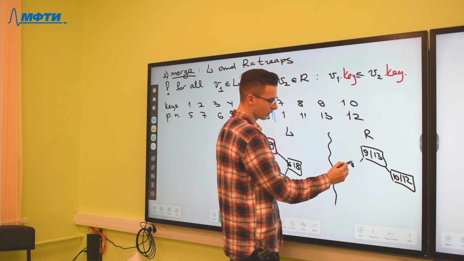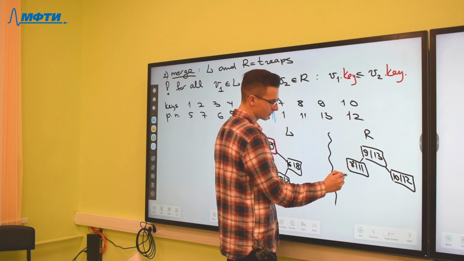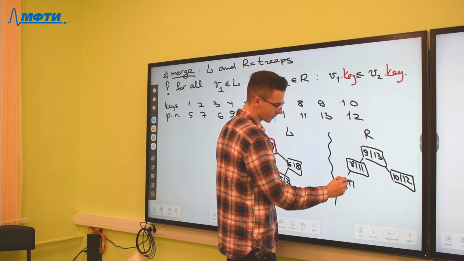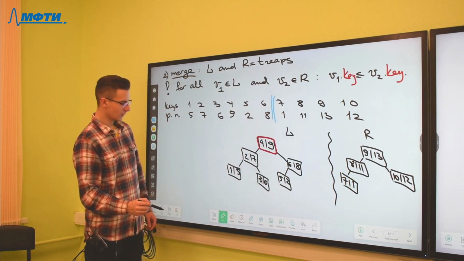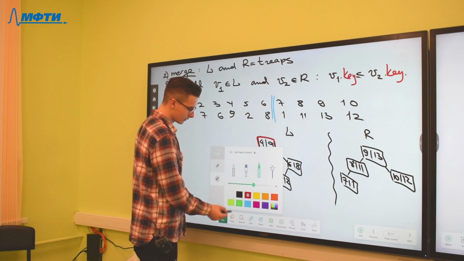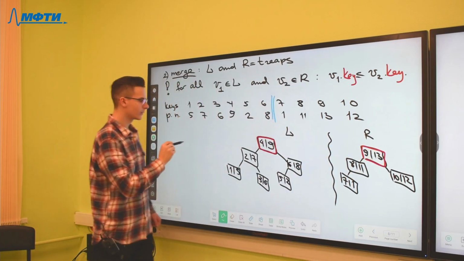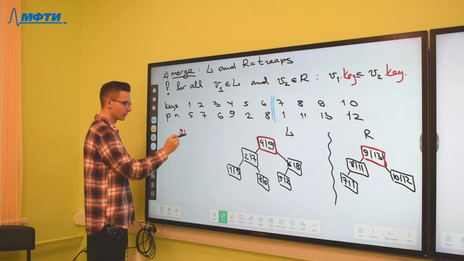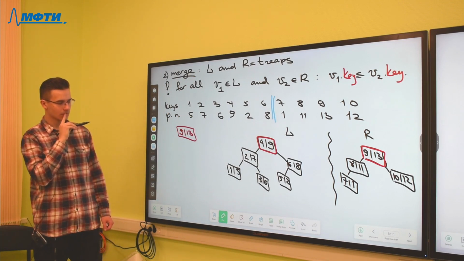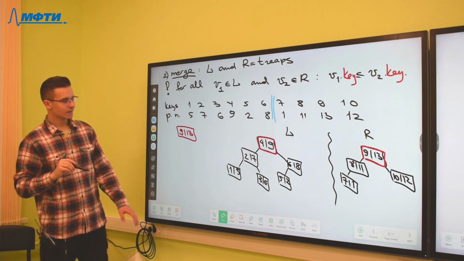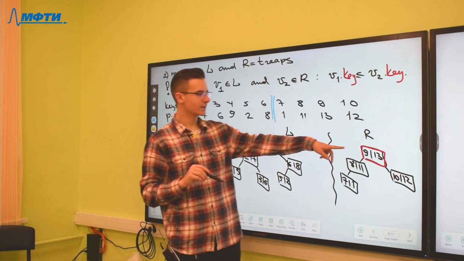Okay, 8, 11, and 7, 1. In this way, we see the bigger numbers 9 and 13. Okay, and we see that this number will be less than this number.